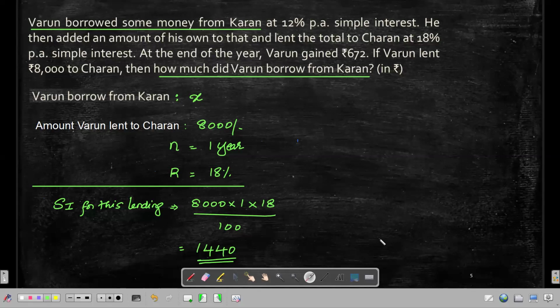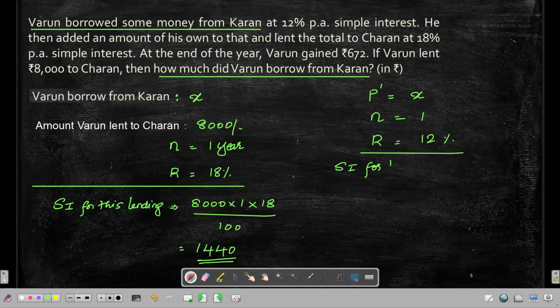That is 1440. Now, Varun has borrowed some X rupees from Karan at 12% rate per annum, right? So the principal amount, when you are considering the money that Varun has borrowed, I have taken it as X. Number of years is 1. The rate of interest is 12%. So the simple interest for borrowing, how much is it?